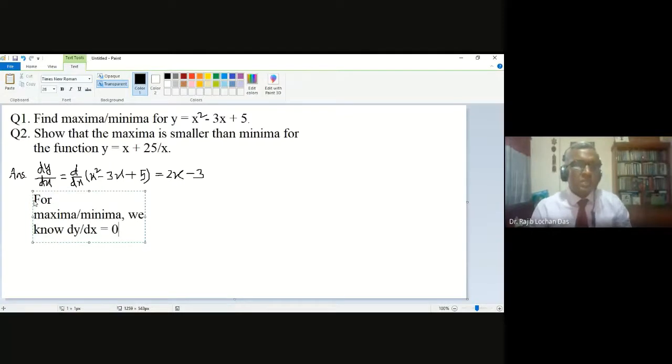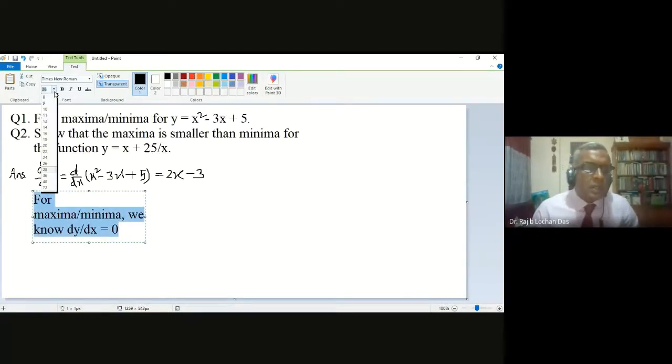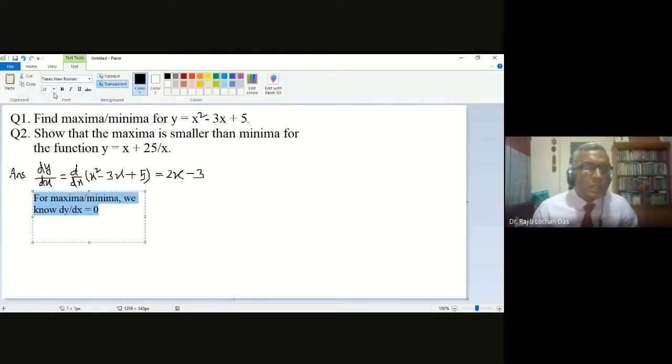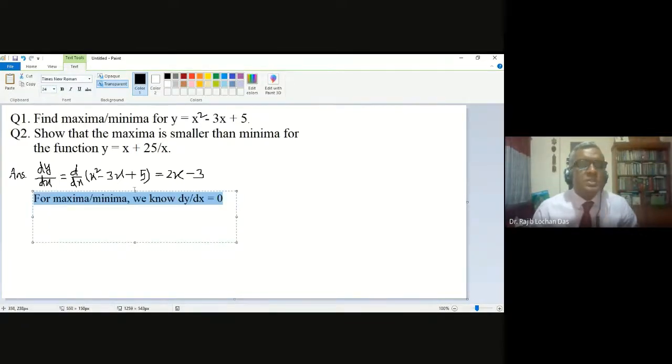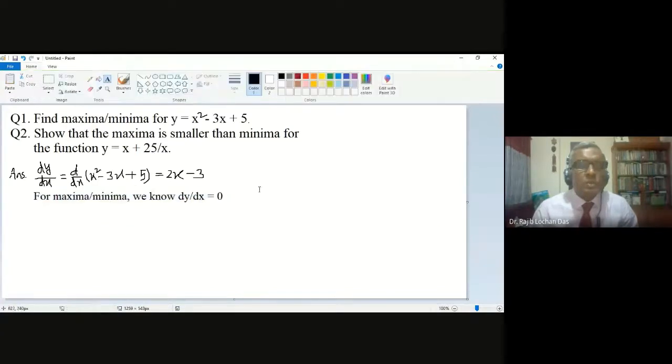So this is the thing you will write. It is better to write in the answer script because it will give you the clear idea about your understanding, so that everyone will understand you know the fact. So this is the thing you will write and then you continue because d dx of y equal to 0. So in this case, it is 2x minus 3 equal to 0.